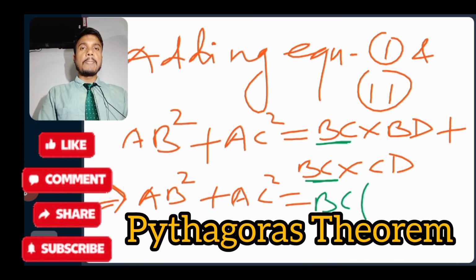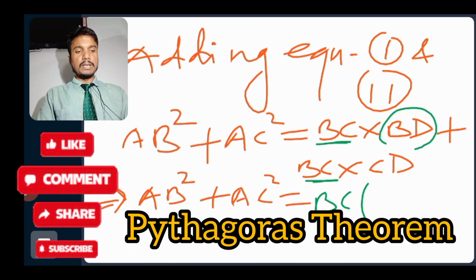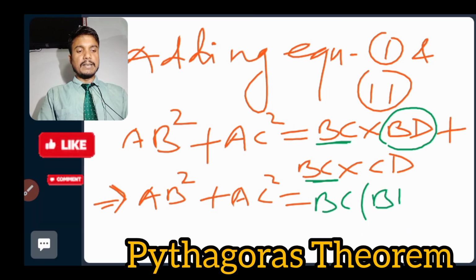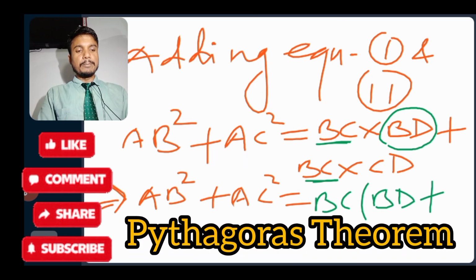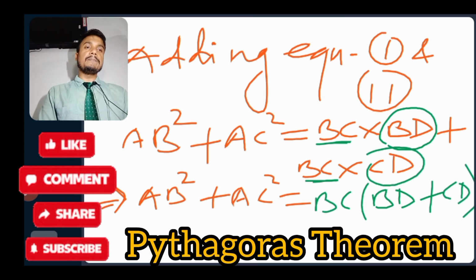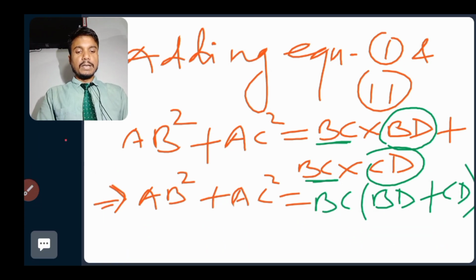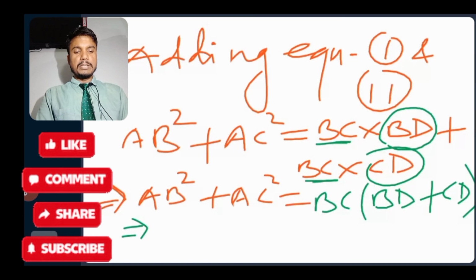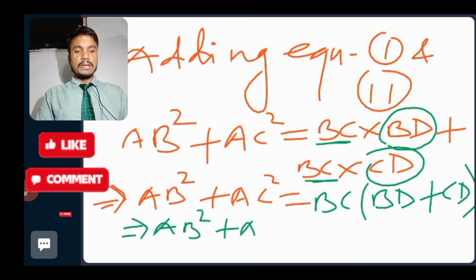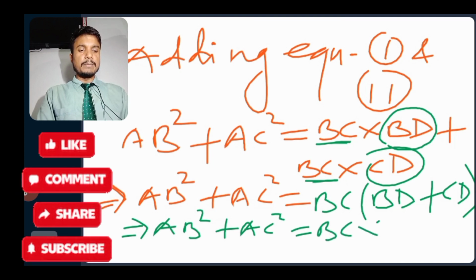Now I am left with BD here, plus CD. So here I got BC into BD plus CD. So AB square plus AC square is equal to BC into BD plus CD. This bracket means multiply.